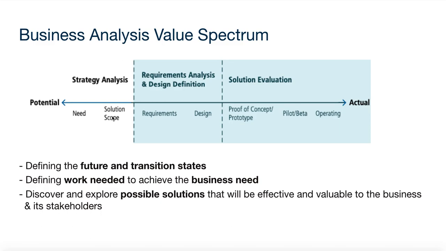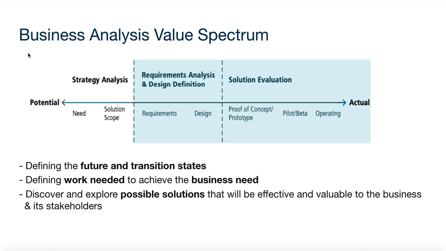So as part of strategy analysis, you define the strategy by understanding the business need and the scope, and then you go into requirements analysis and design definition, and then on to solution evaluation, which is basically building a prototype or proof of concept, building the pilot or beta versions, and then moving into the operation side of things.